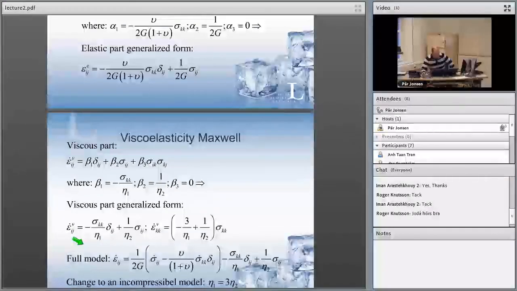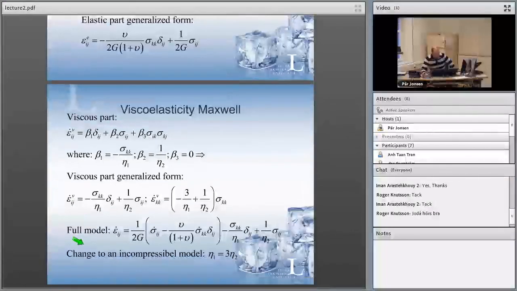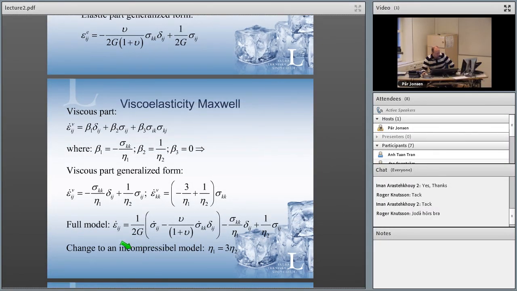And for the viscous part, it's the same expansion actually, but now we have beta 1, beta 2, beta 3. And in the book they do it like this. They have the response on the hydrostatic part, like this, and this will be the shearing part of the system. So, and beta 3 is 0 because it's higher order also.